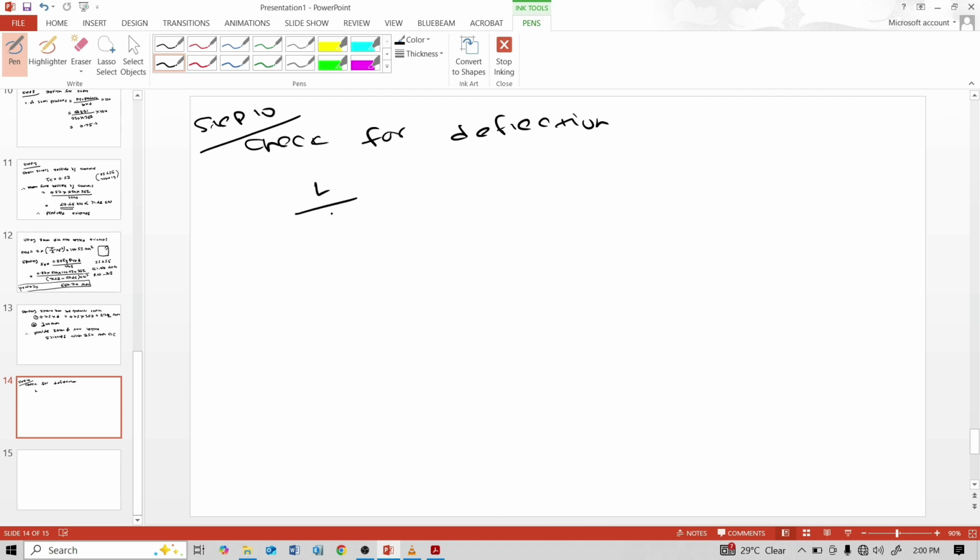L by d equal to, L is effective length 4.6 meter, convert it into mm, 4600 mm, divided by effective depth 362, value comes 12.70. This is in mm, effective depth is also in mm, value comes 12.70.